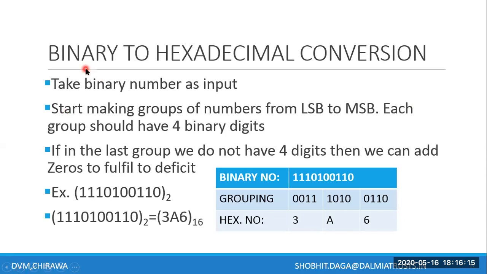The next example and the last problem is to convert a binary number into a hexadecimal number. Understand that again we will start grouping from the least significant bit, that is LSB in short.